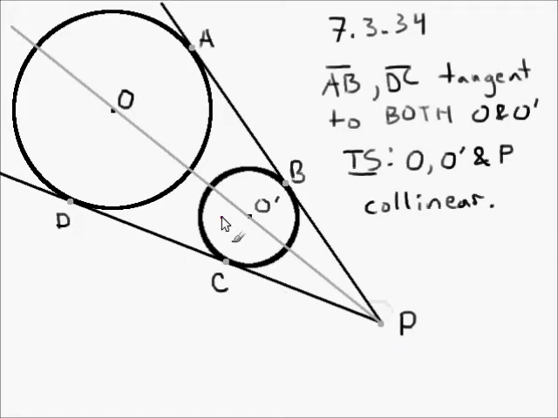A perpendicular bisector would be good, or some sort of unique line. There's only one of those. And if we show that line OP is that special unique line and O prime P is that special unique line, then we've shown that it passes through points O, O prime, and P.